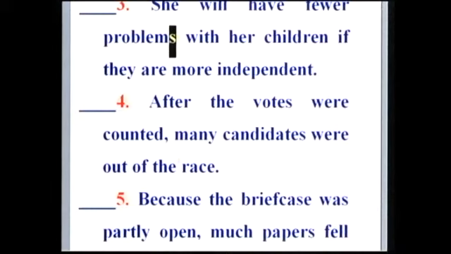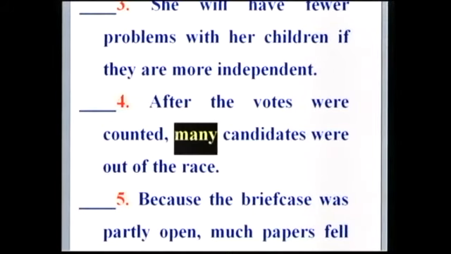After the votes were counted, many candidates were out of the race. بعد ما عدوا الأصوات مرشحين كتير خرجوا من السباق. سباق إيه بقى؟ الرئاسة ولا حاجة كده. طيب. Many candidates. طيب أنا عندي the word many which means that I should have a plural noun وعندي the word candidates.